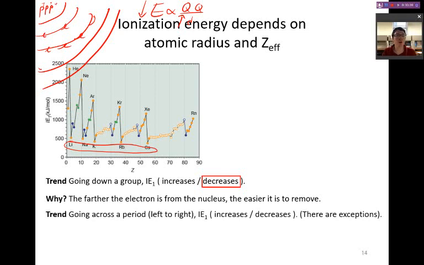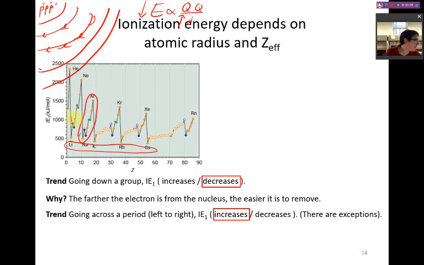What about going across a period? What do we see here? Well, going across a period, we can say, let's go from sodium to argon. We see that generally speaking, it increases. However, there are exceptions. Notice where those exceptions are occurring. If you were to take a look at which elements these are, so we have lithium.